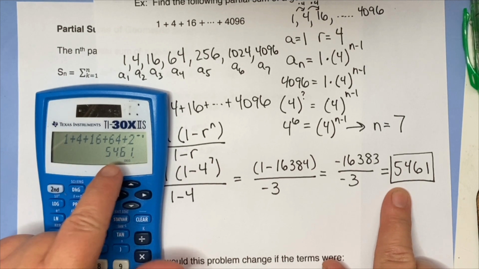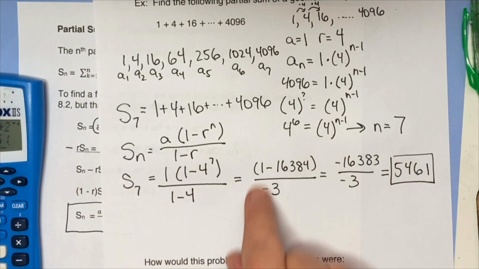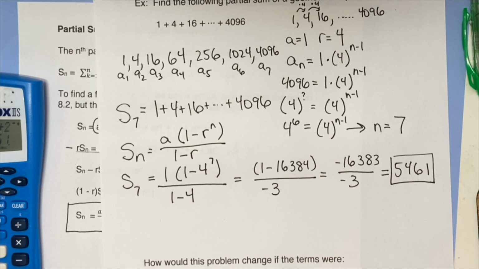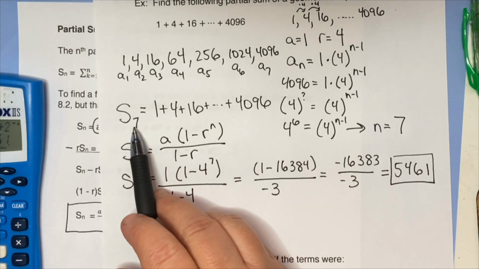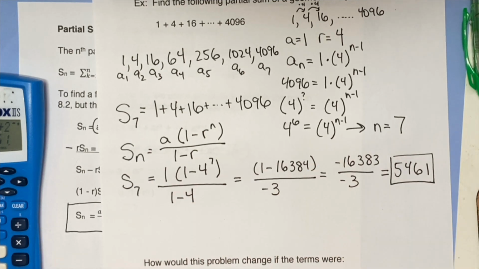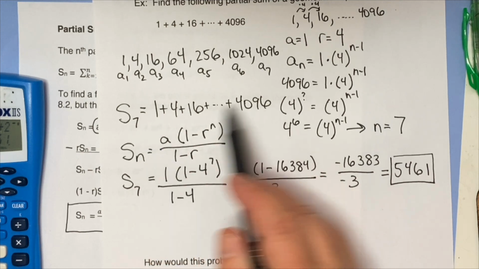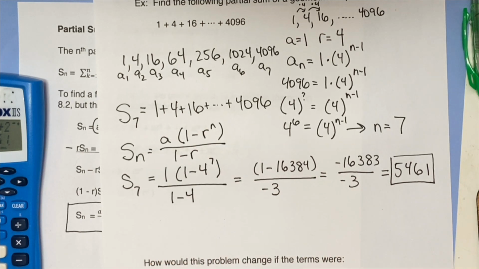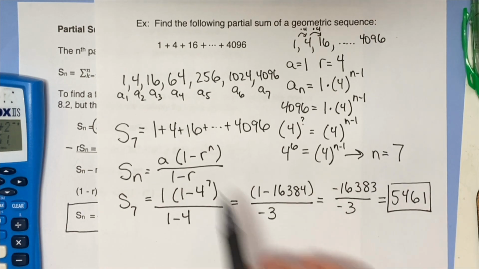Isn't that exciting? So why is this formula useful? Well, this formula is useful if you have an n that's going to be larger than 7. Adding all of these together would be a pain. Or if these terms are fractional, that's not going to be fun to add them all together. So you can use the formula then as well.